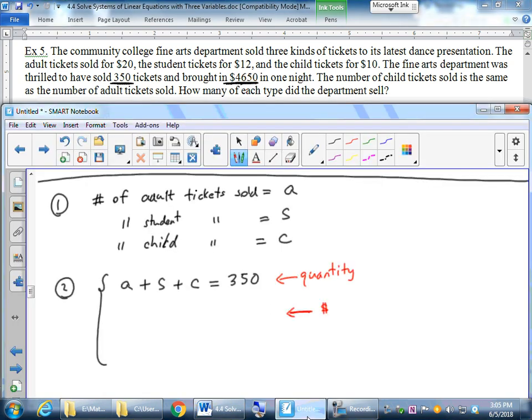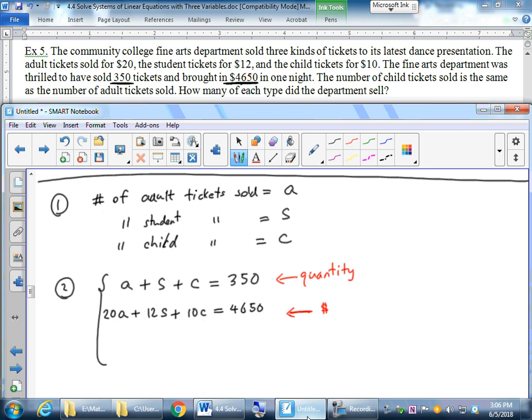So that means $20 times the number of adult tickets sold, $12 times the number of student tickets sold, and $10 times the number of children tickets sold. These amounts of money all added up together should be equal to $4,650, right? Because unit price times the quantity in each case.